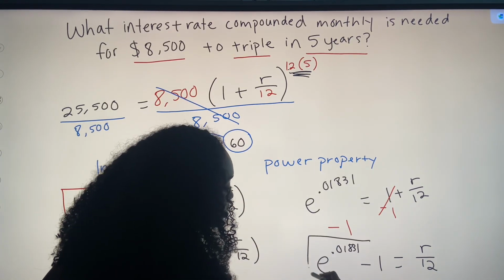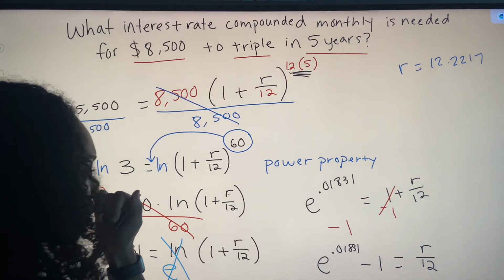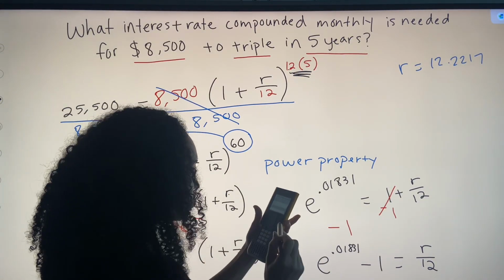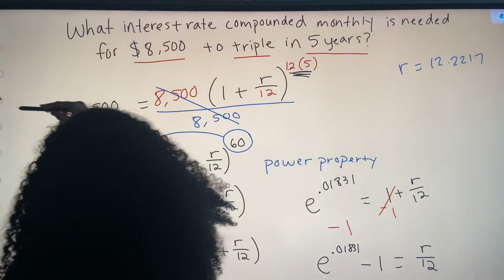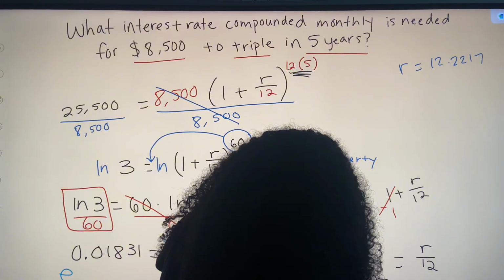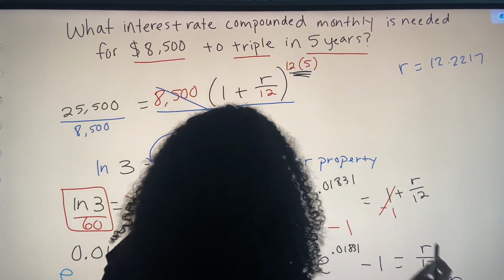Guys, go ahead and type this into the calculator. Let me know what that is. Okay, e to the power of 0.01831 minus 1 is 0.018479. That equals r divided by 12.